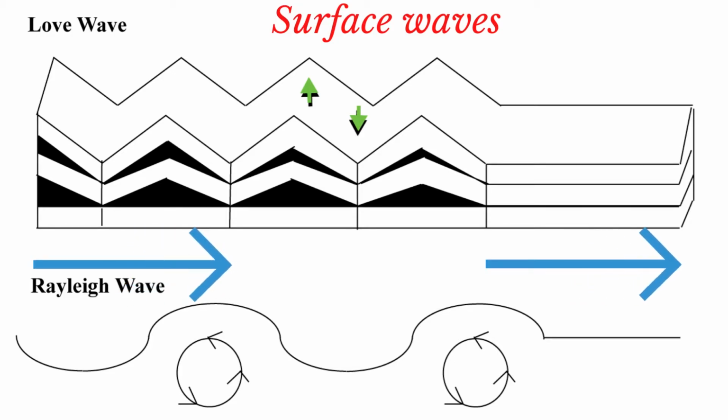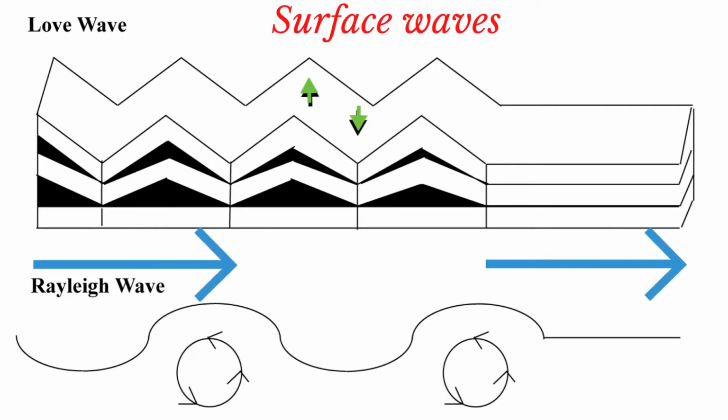The term surface waves refers to seismic waves which do not penetrate the deeper interior of the earth, but rather travel just below the surface of the ground. These waves spread from earthquake epicenters and are normally generated by shallow earthquakes.